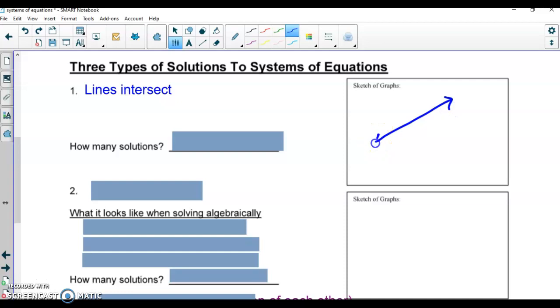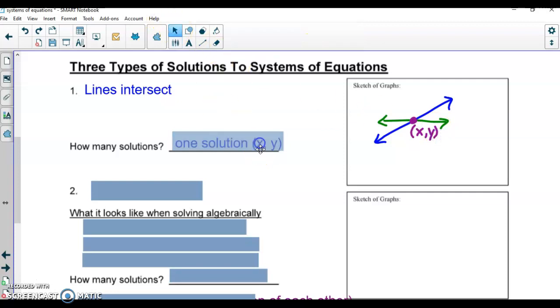So I graph line 1, I graph line 2, and the lines intersected. When that happens, the points cross over, and we name that point of intersection. That gives me one solution to that system. That's the first thing that can happen. That was the first 2 examples we had taken a look at.